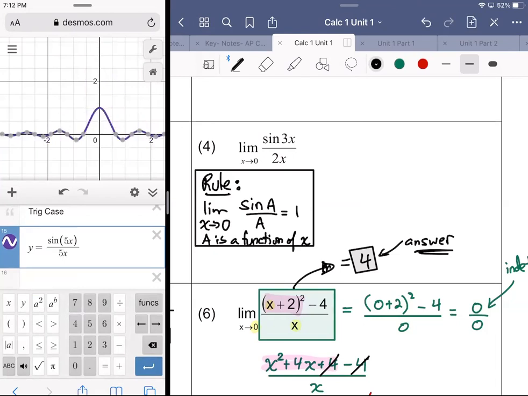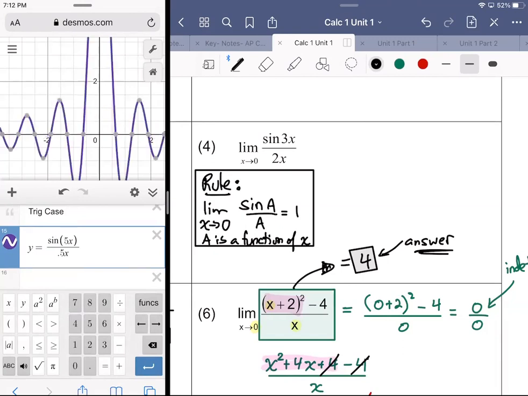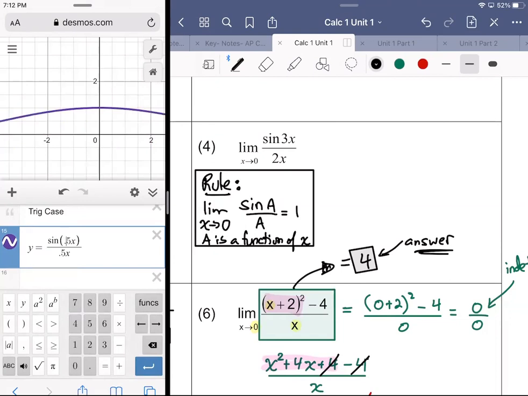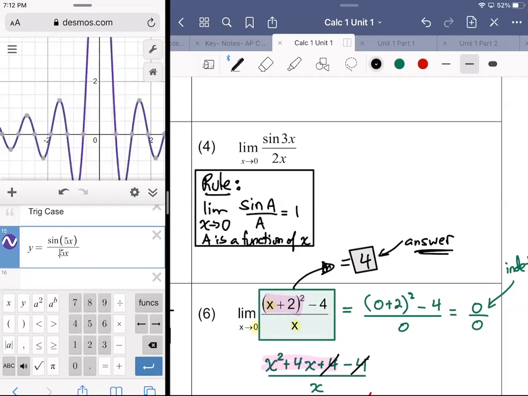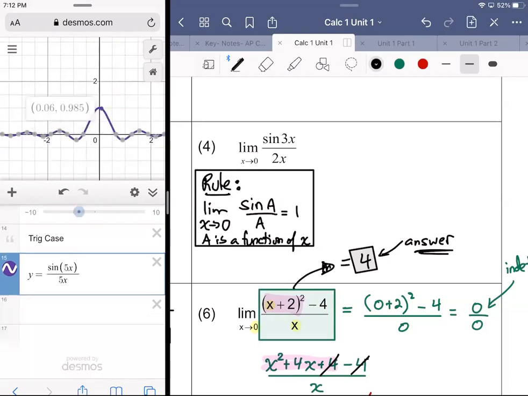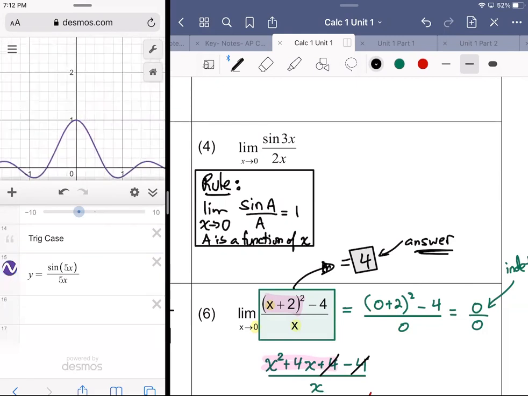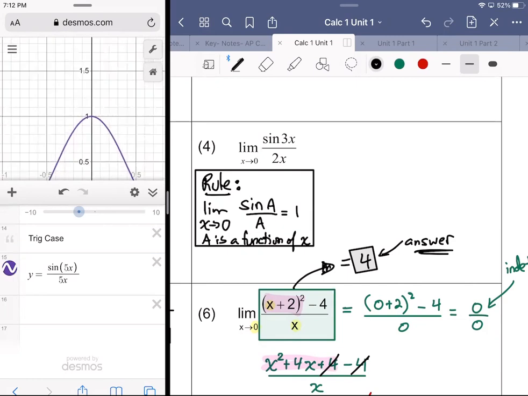I could replace a with a 5x, or with 0.5x. It's hard to see because it's happening so quickly, but no matter what I change these values to, at 0 it's undefined, indeterminate. I can get it to lock on, but it's always hitting that value of 1.